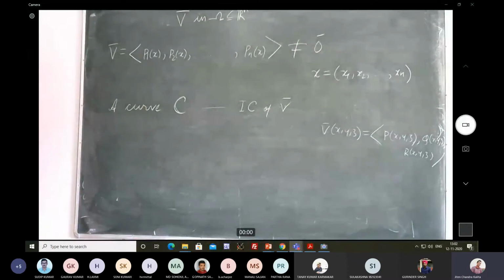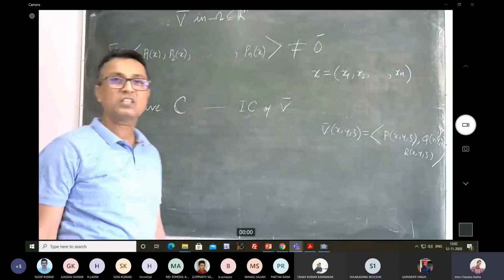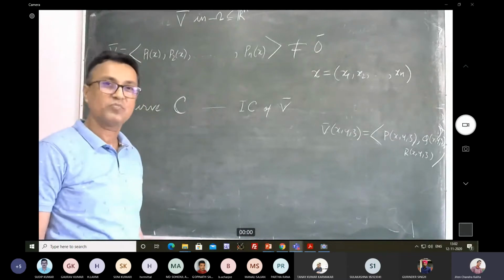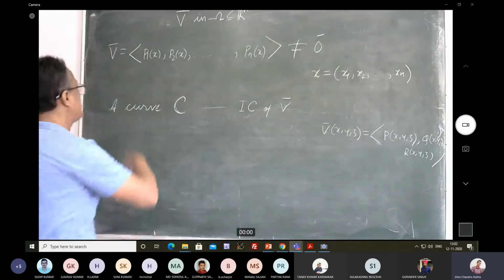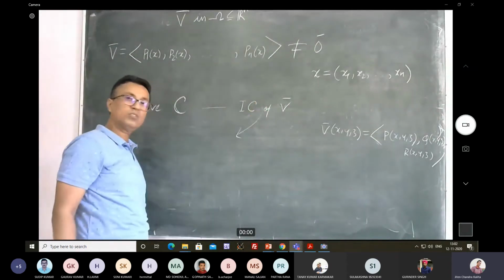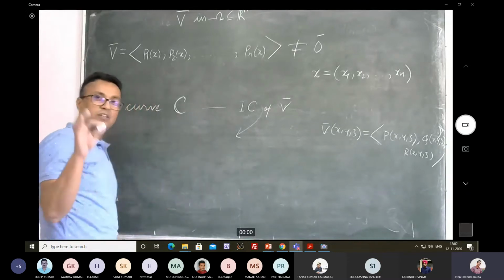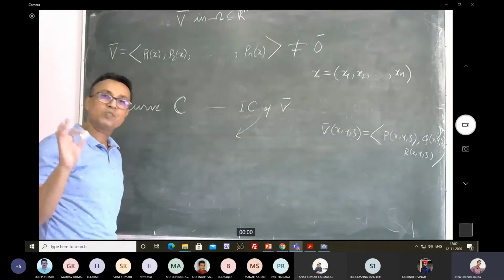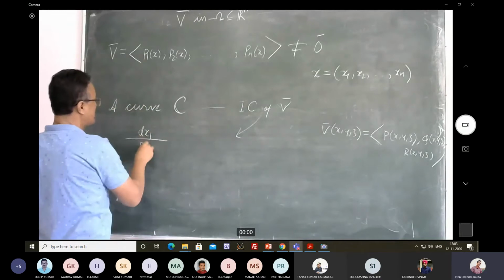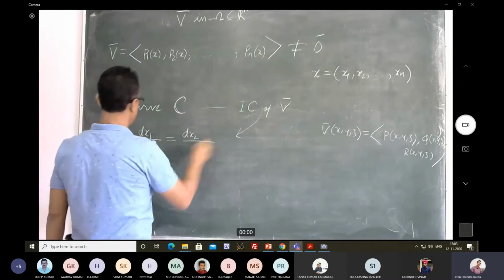You won't be able to visualize it, I can tell you. In more than 3 dimensions, I can tell you that you won't be able to visualize it, right? But we can give some mathematical description of that. What is that? Say, if you want to find those integral curves, then fortunately, what are you going to have? An associated system of differential equations given by this, isn't it?